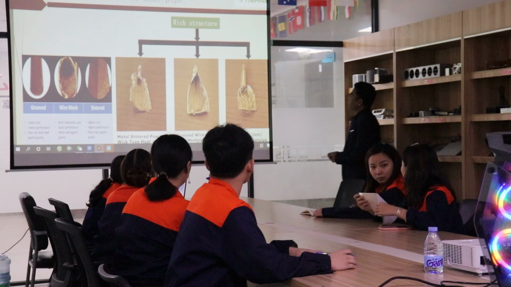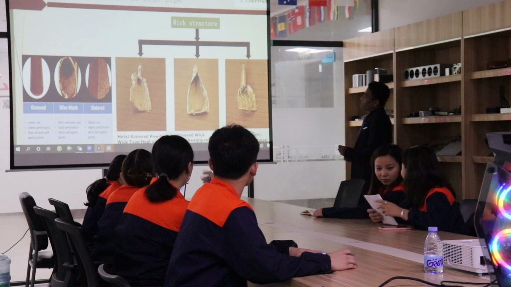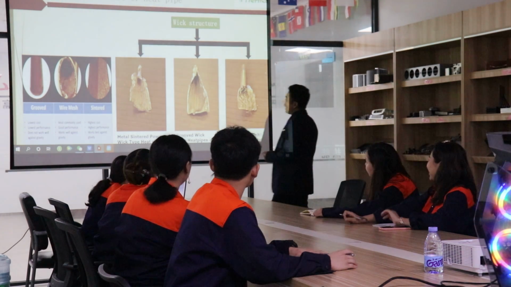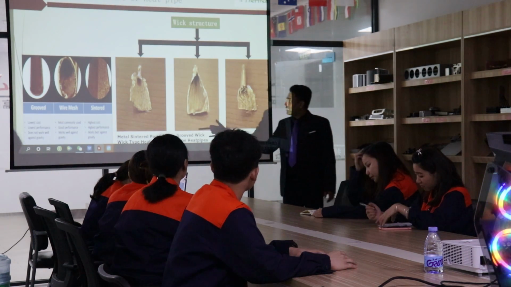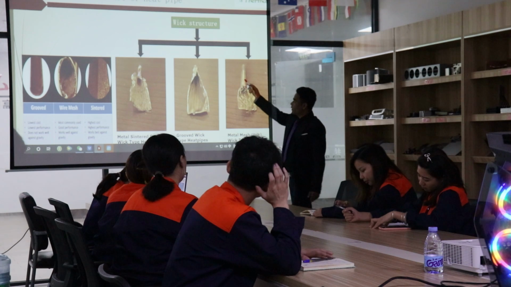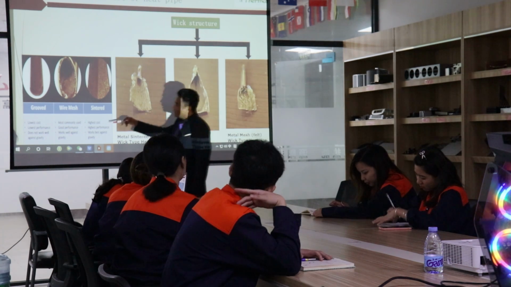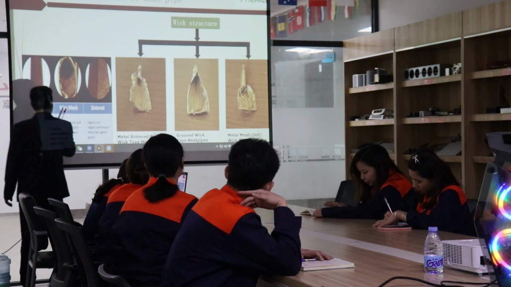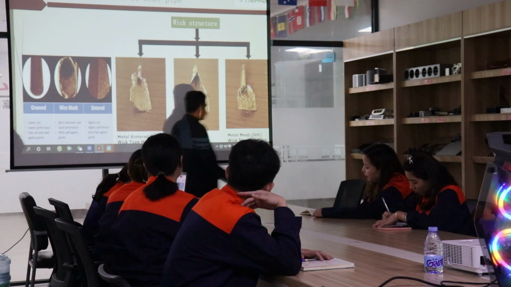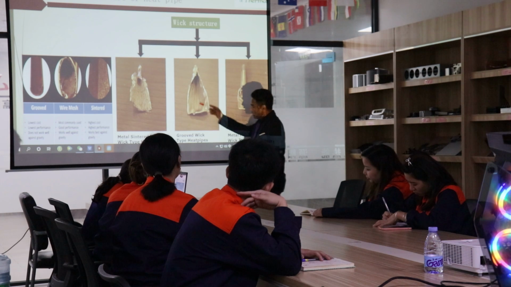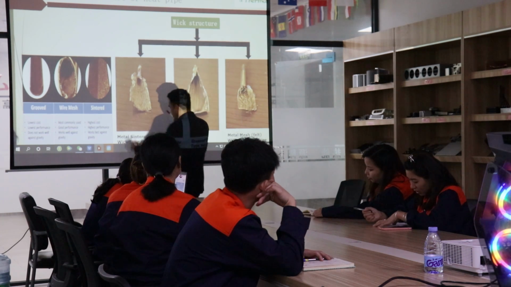And next, that is the wick structure of the heat pipe. I explain the wick structure again. I am showing here a very clear copper pipe. This copper pipe is grooved, mesh, sintered. I also show here the mesh wick structure, sintered.